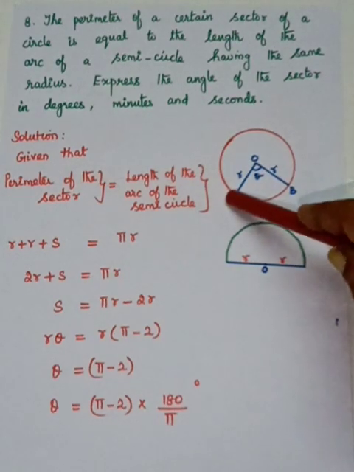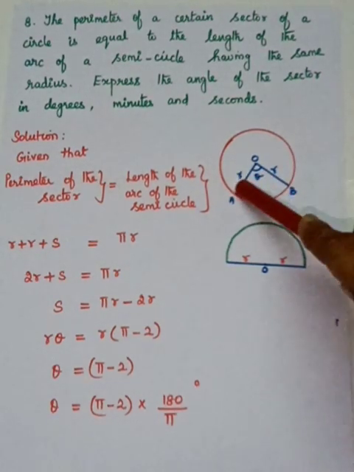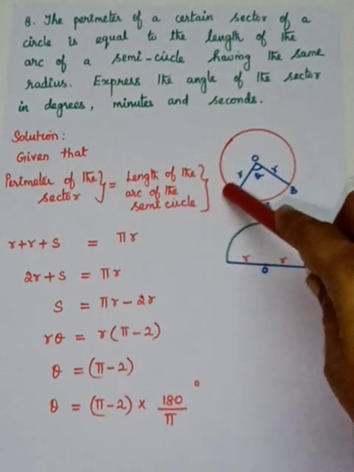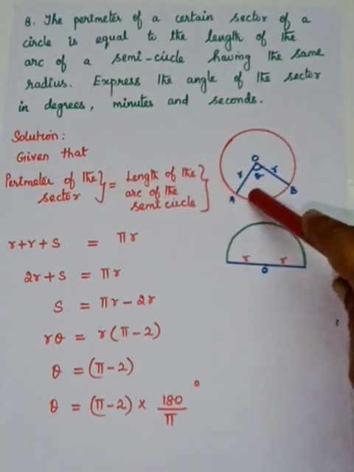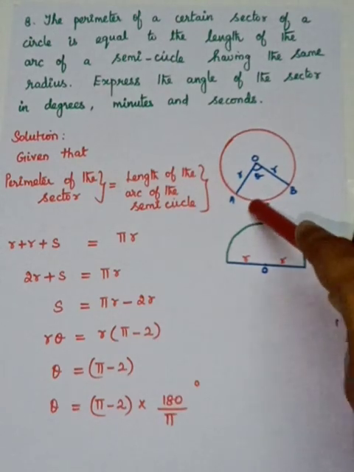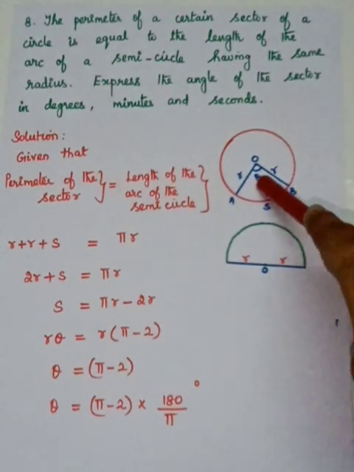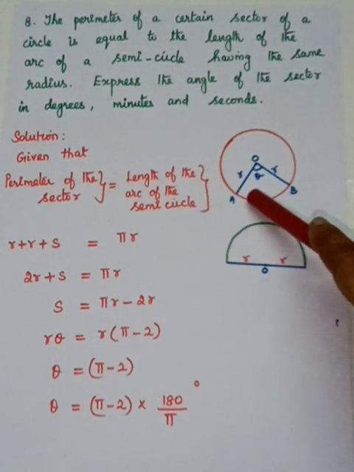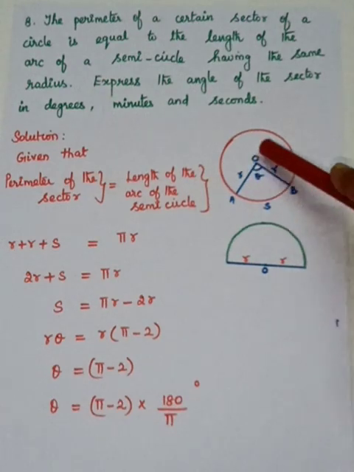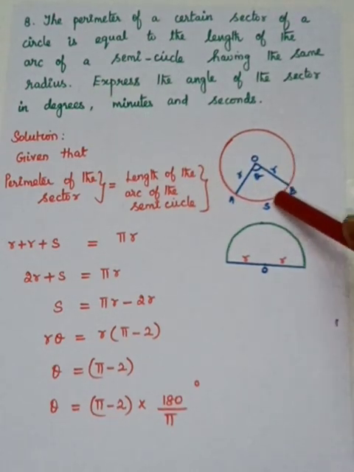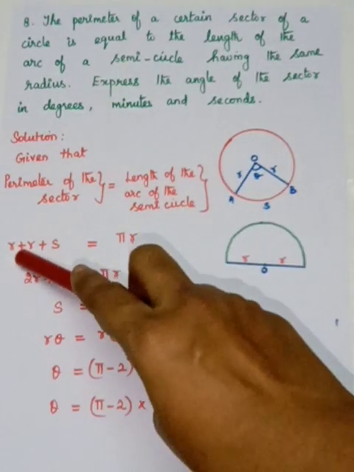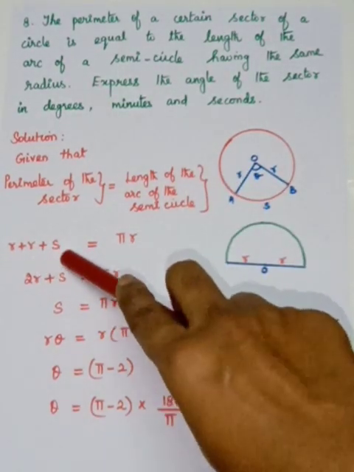It is the radius, so the radius is taken as R. OB is also a radius, that is R. Here AB is the arc, whose length is S, and this subtends theta at the center. So the perimeter of the sector is this distance plus this length. Here it is 2R plus S.